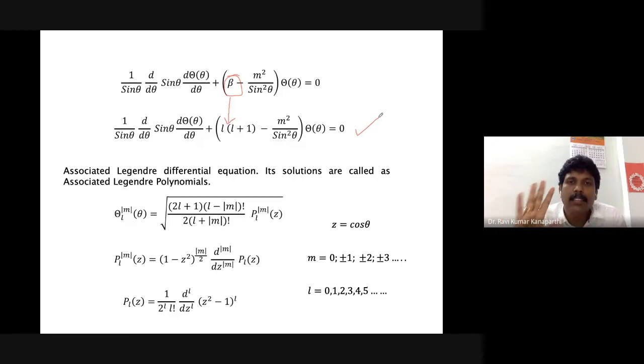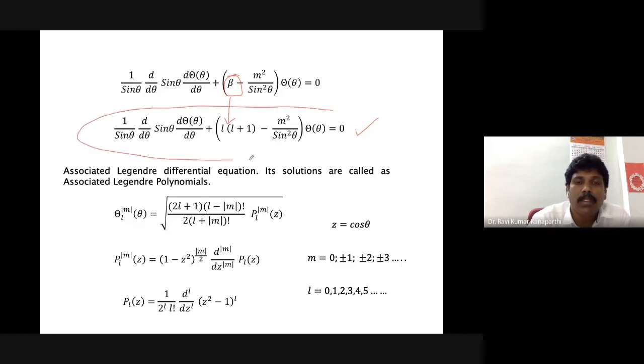This particular differential equation, which is kept in a red oval shape, is called the associated Legendre differential equation. It is a well-known differential equation to mathematicians, and the solutions of the associated Legendre differential equation are known as associated Legendre polynomials.